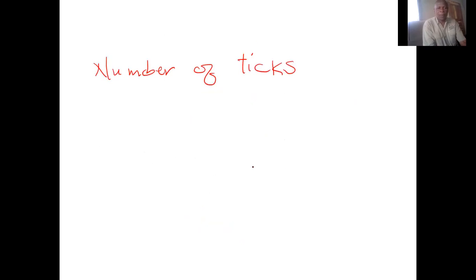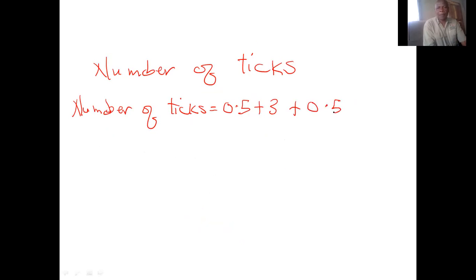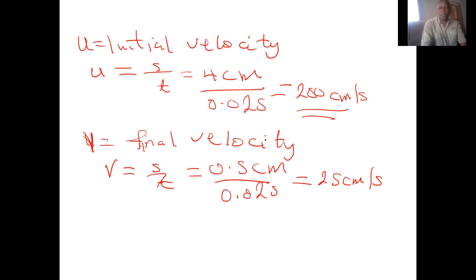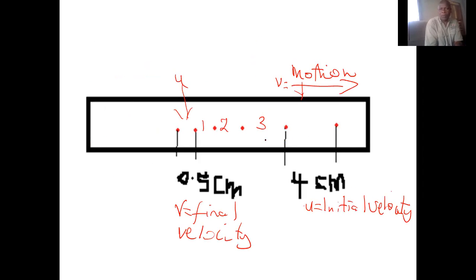So we are going to have the number of ticks as 0.5 plus 3 plus 0.5, which gives us 4 ticks, because the initial velocity and the final velocity have only 1 tick for each of them, and we are taking the middle of the initial velocity and the final velocity.